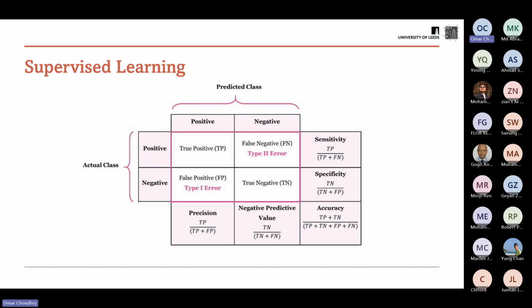Or let's say how good it is at not giving false negatives, meaning when you're saying somebody doesn't have cancer when they actually do. And also the idea of specificity, where you're looking at, well, you don't want to tell people they have cancer when they don't actually have it. So different metrics can help us to look at different areas of how good our model performs.